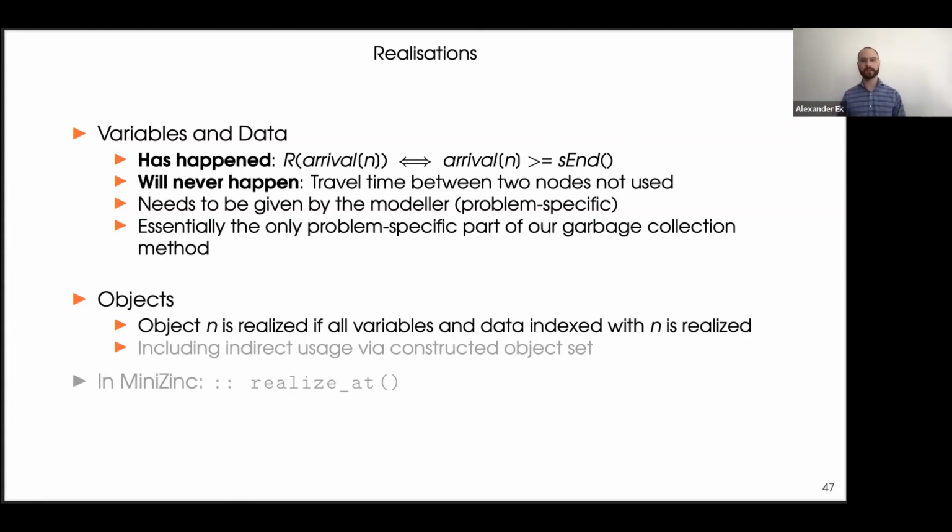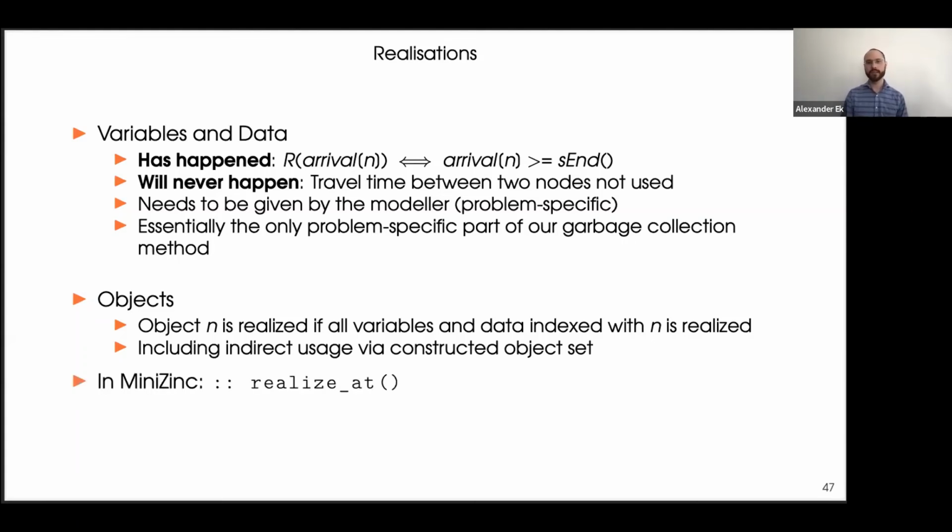So it makes a lot of sense to talk about whether this object is realized or not, right? The object n is realized if all variables in data indexed with n are realized. This also includes indirect usage via structured object sets or weird coercions and things like that. So we just trickle that information down or trickle it up, whatever the direction should be.